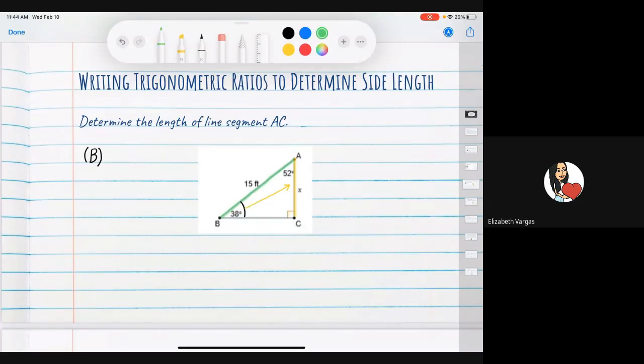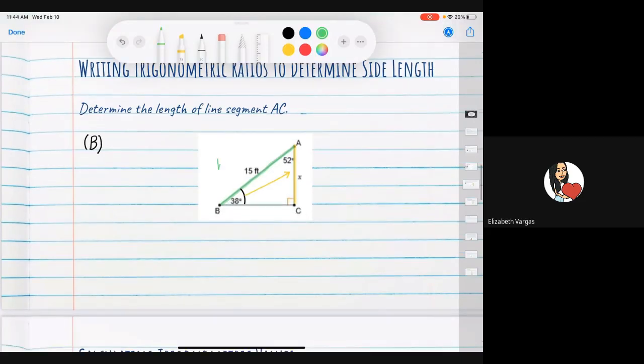So basically what I've been given is my hypotenuse and my opposite. Because I've been given my hypotenuse and my opposite, I want to identify whether I can use SOH, CAH, or TOA.